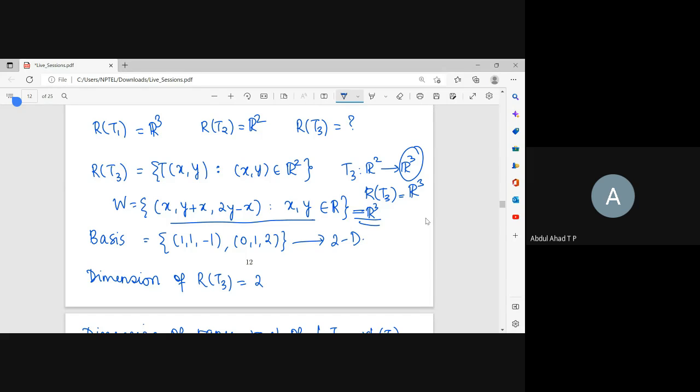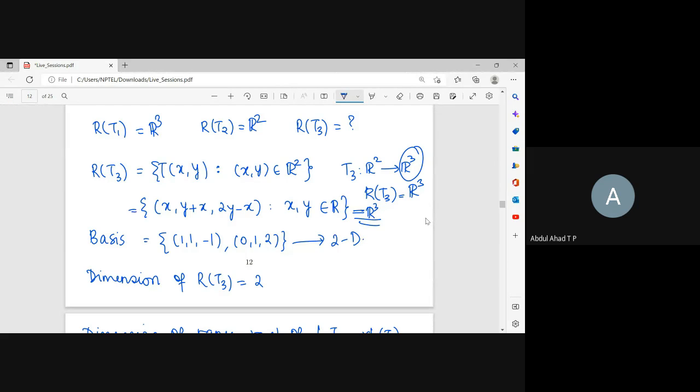Yes, I just asked not about this question. I am asking whether W is spanning R3 or R2 according to the question. Can you please repeat that? I didn't understand.